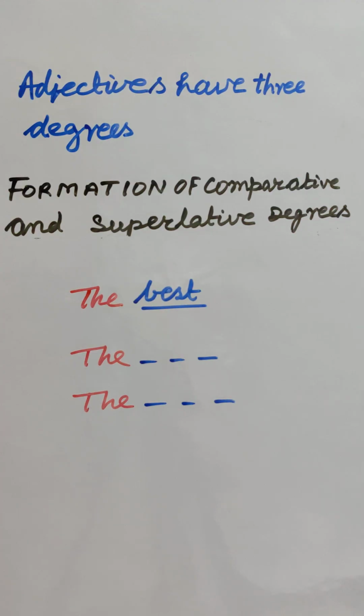So always the is used before the superlative degree, as I told you, and than is used after the comparative degree. So these are the identifications: how will you identify which degree of adjective you have to use, positive, comparative or superlative?